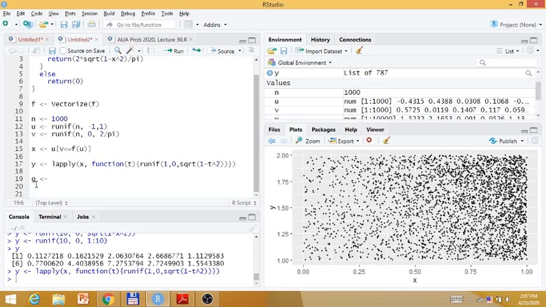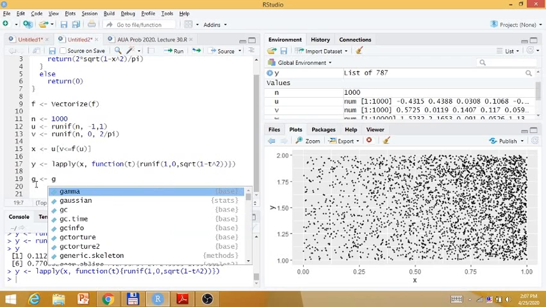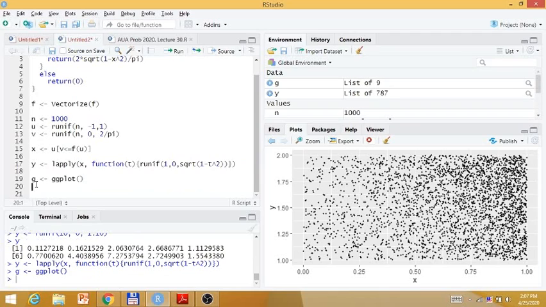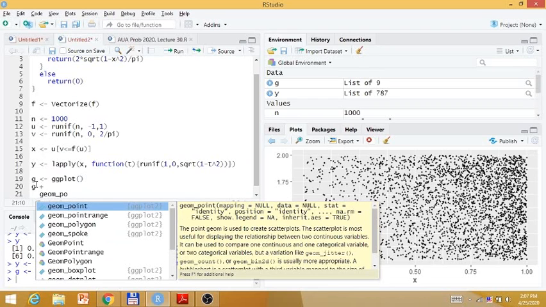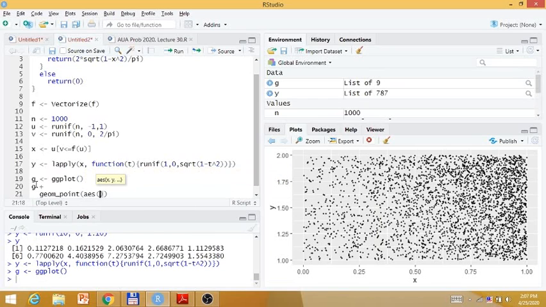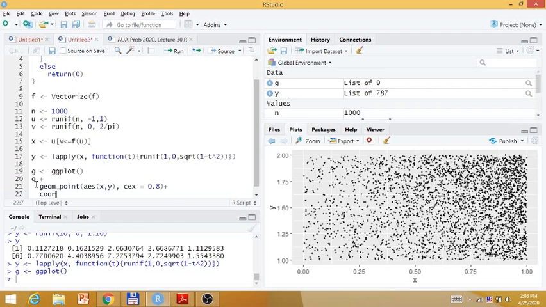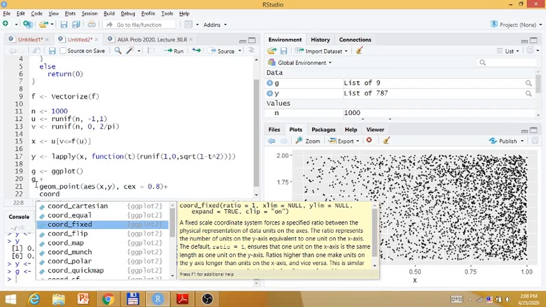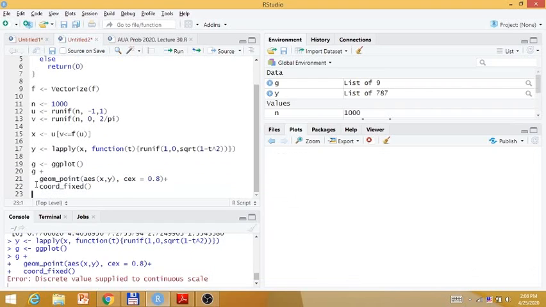I'm opening a new plot with ggplot, running this, and then adding to g geom_point with aesthetics using x and y, and let me use cex equal to 0.8 and fixed coordinates to have a nice graph.